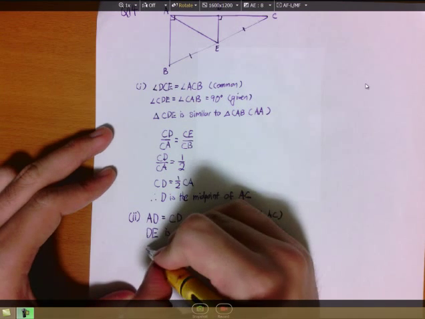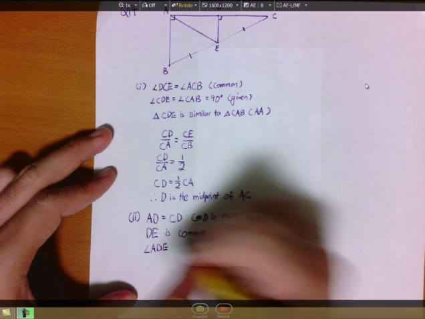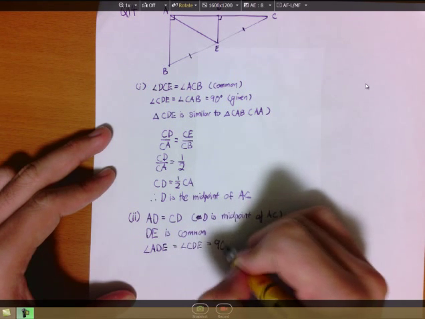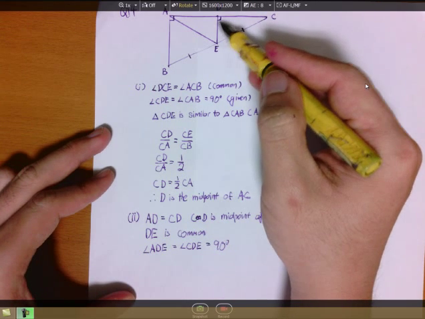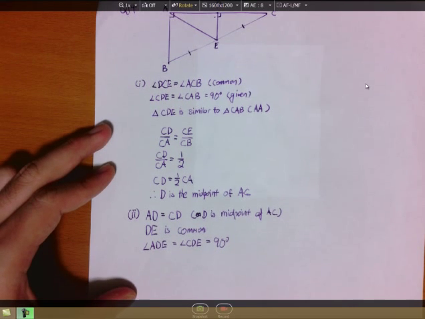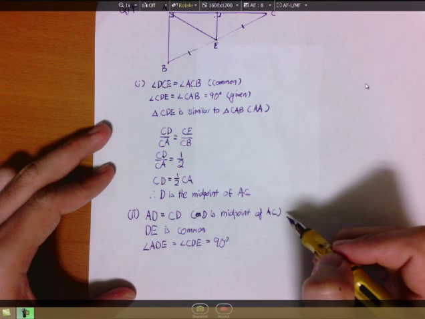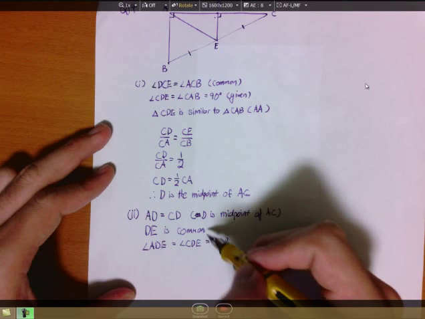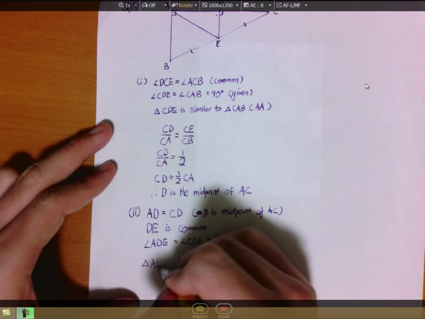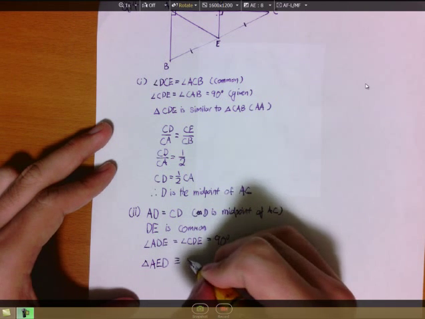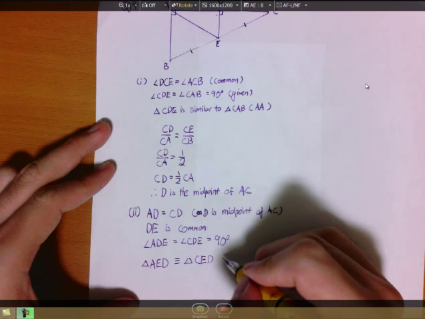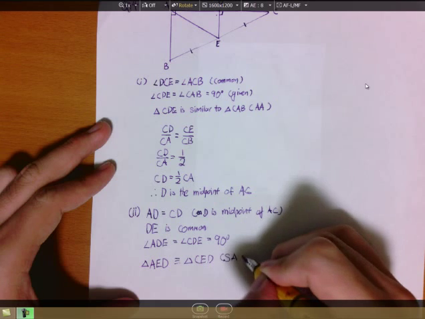Finally, I also know that angle ADE is equal to angle CDE equals 90 degrees. This is 90, angles on a straight line, so this angle must be 90 as well. So if I have all this information, one side, an included angle and another side, I can conclude that triangle AED is congruent to triangle CED. The proof here is side angle side congruency.